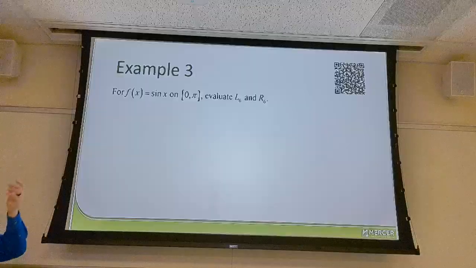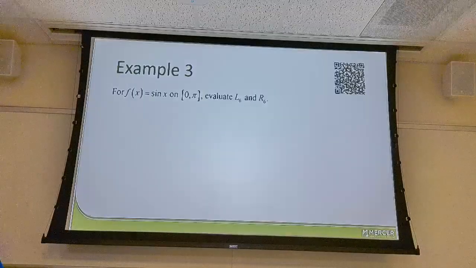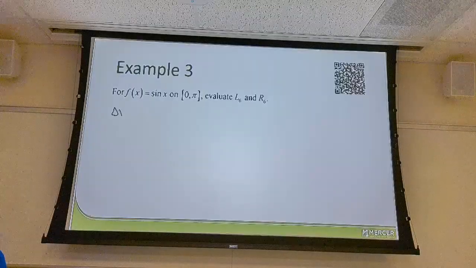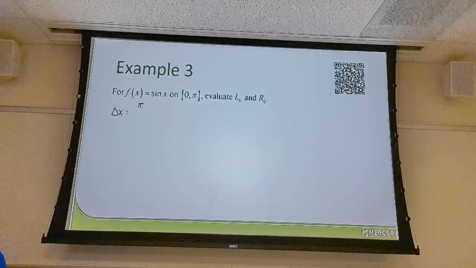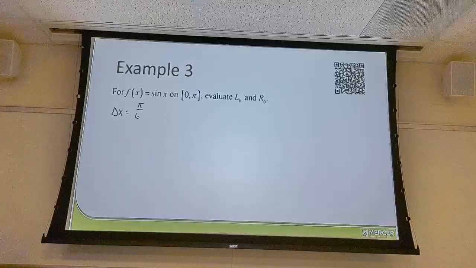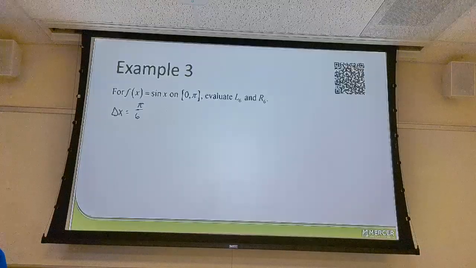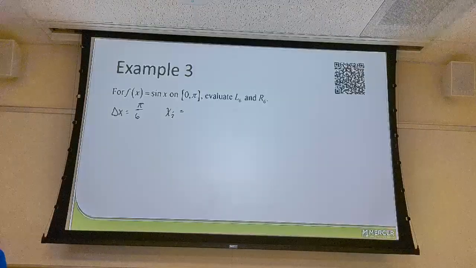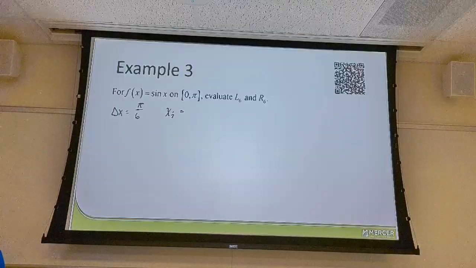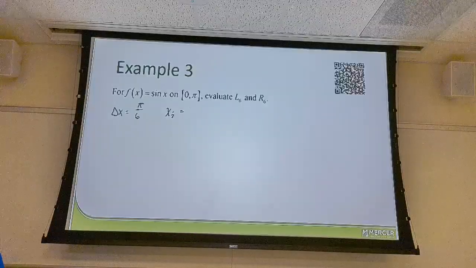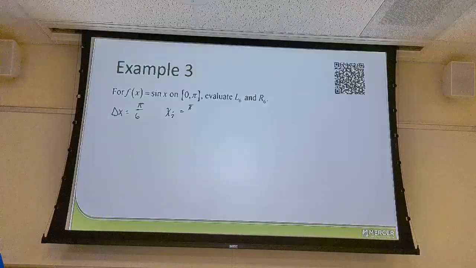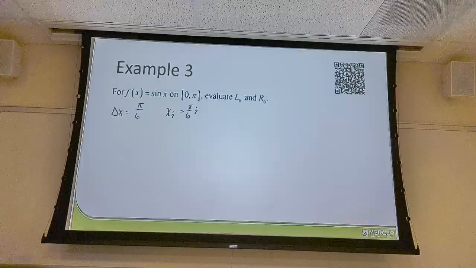First off, number of subintervals, 6, right? What's delta x? Pi divided by 6. X sub i would be 0 plus pi over 6 times i, right?